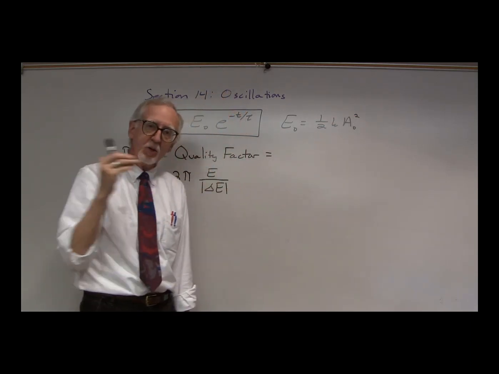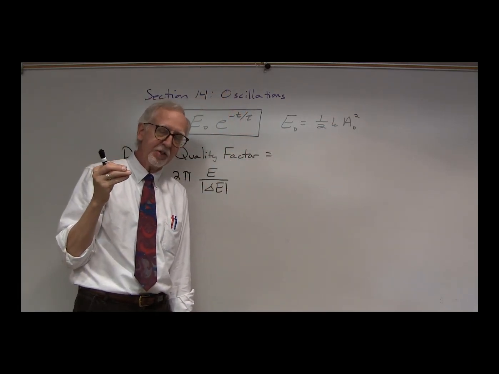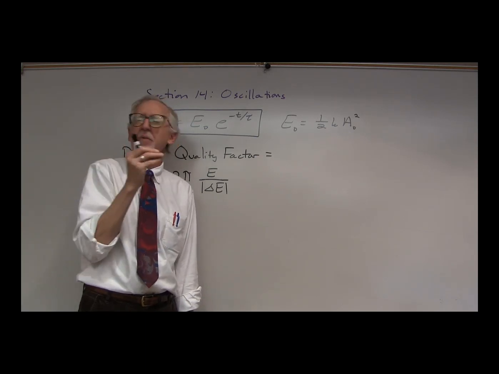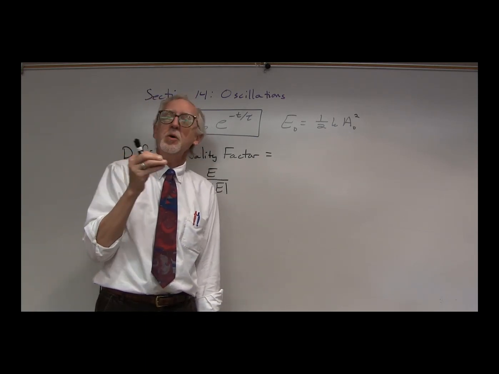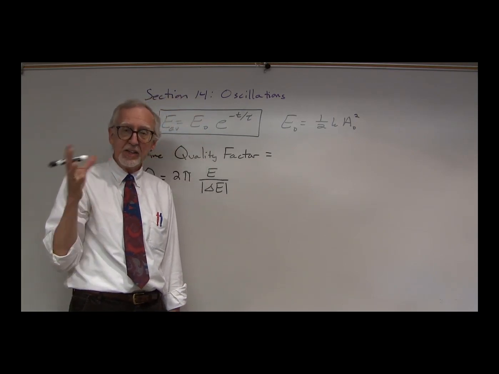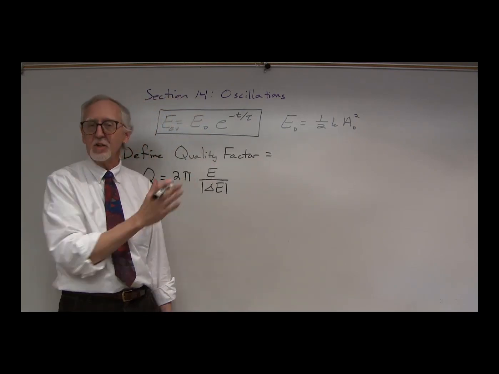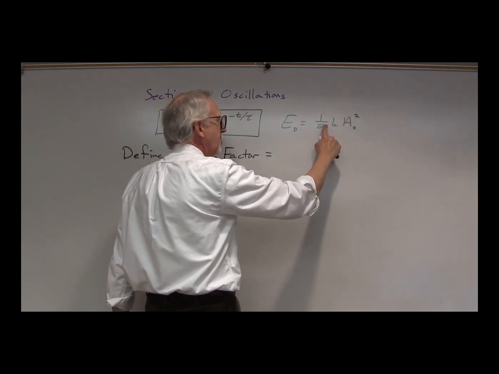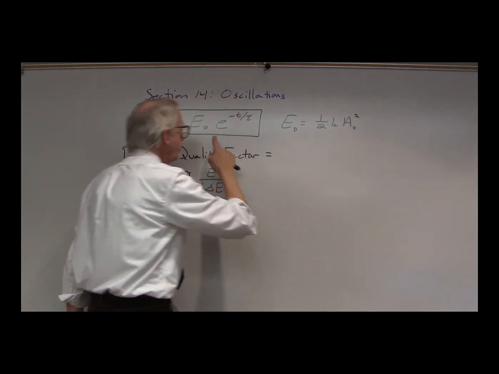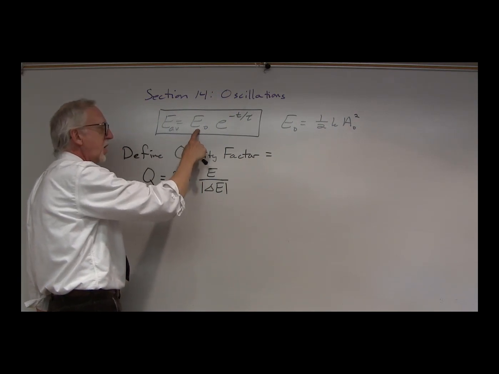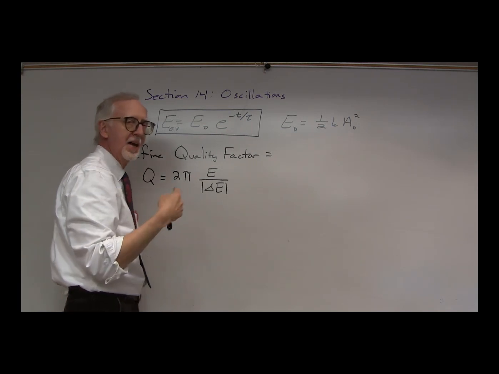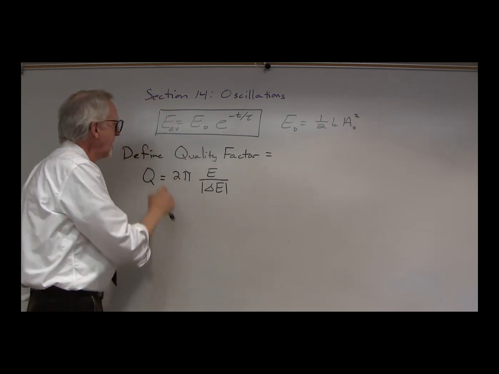So imagine you displace the oscillator to some amplitude A naught, the total energy, which is all kinetic, which is all potential, will be 1/2 k A naught squared. You release it, and then it starts oscillating. The frictional force removes energy, but the initial energy is 1/2 k A naught squared. The average energy then drops off as the initial energy, e to the minus t over tau. Tau is the energy damping time.